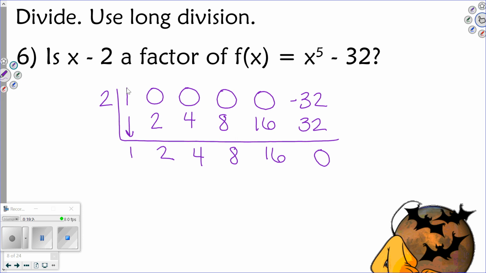I start at x to the 5th, so all mine start at x to the 4th, x cubed, x squared, x, 16, and my remainder of 0. Look how much faster that was compared to what you did on Friday. Beautiful, right? We're getting there.